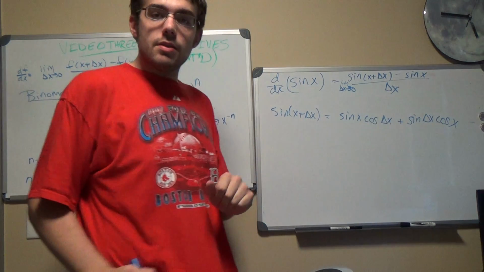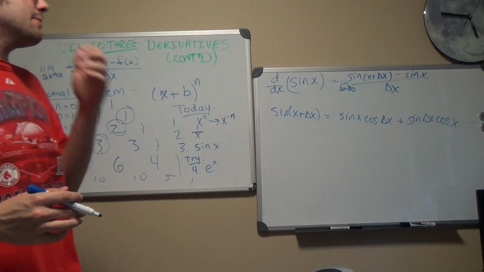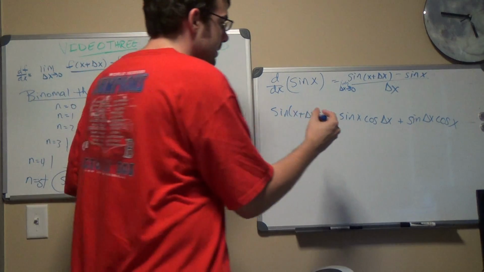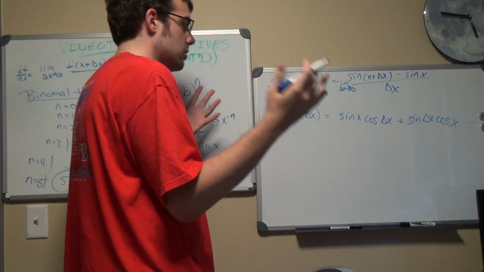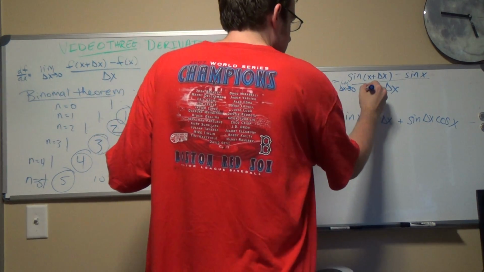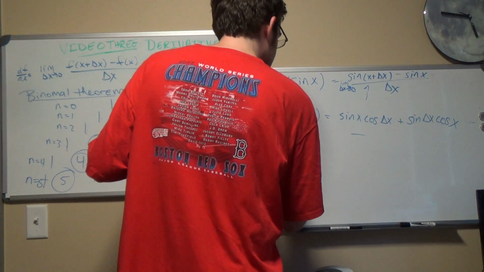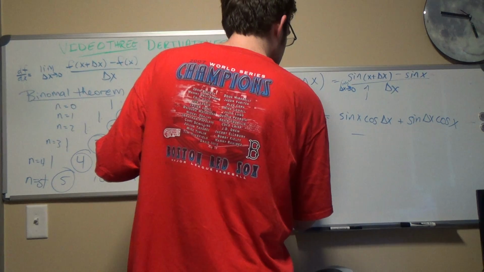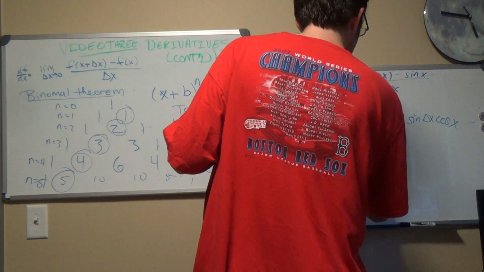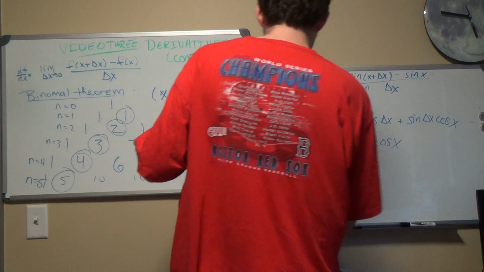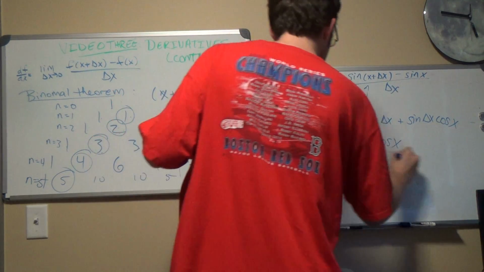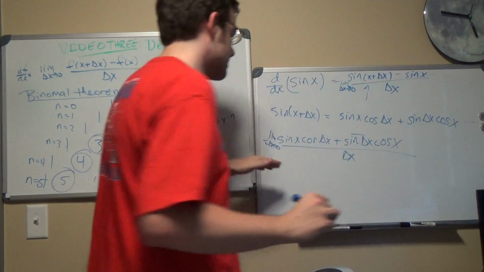So we can use this as our identity, and when we're finding the limit, so let's find our limit. So let's plug this into here. So we have sine of x cosine delta x plus sine of delta x cosine x, and we're taking the limit as delta x approaches 0, divided by delta x.